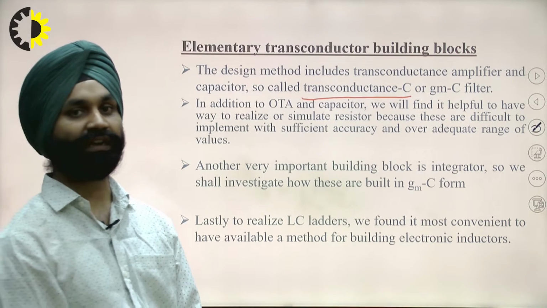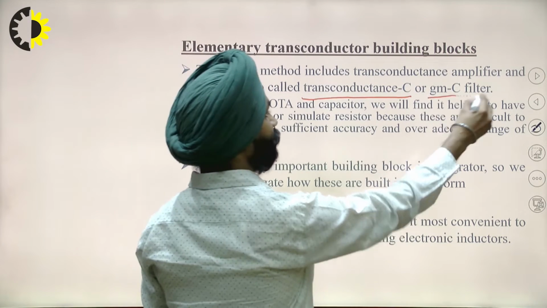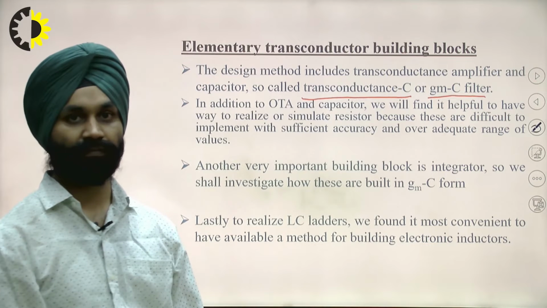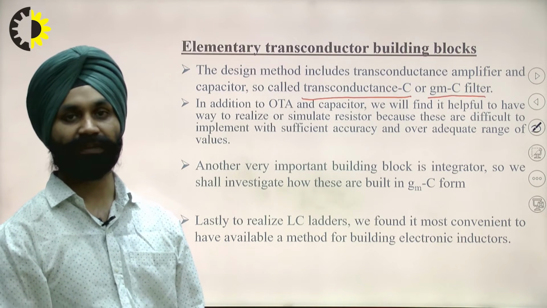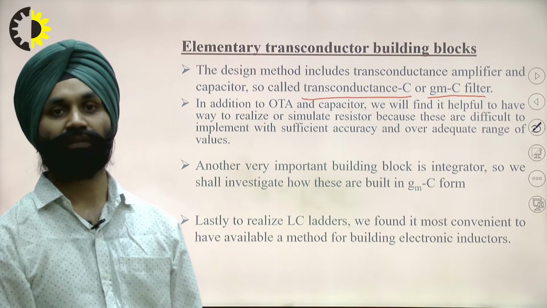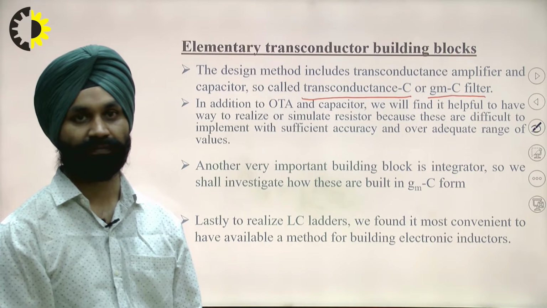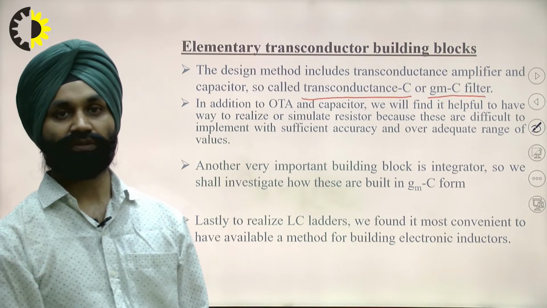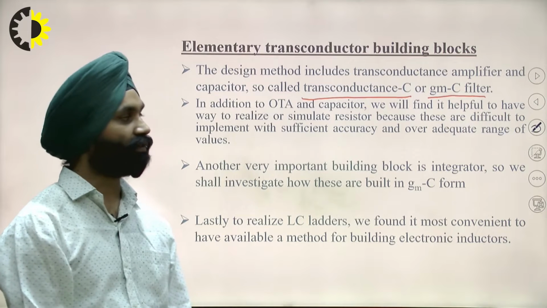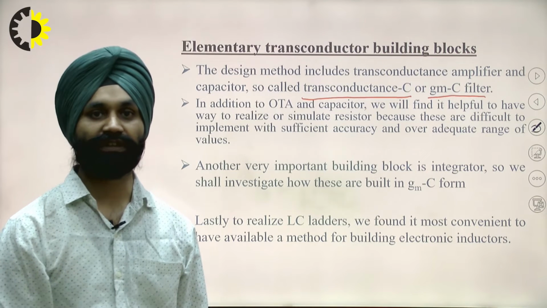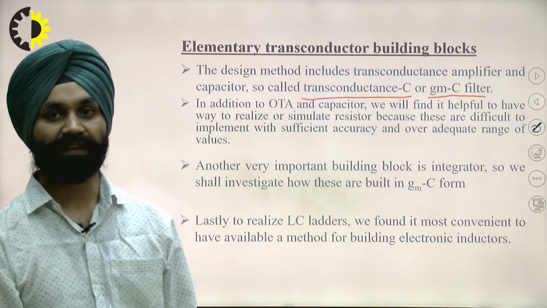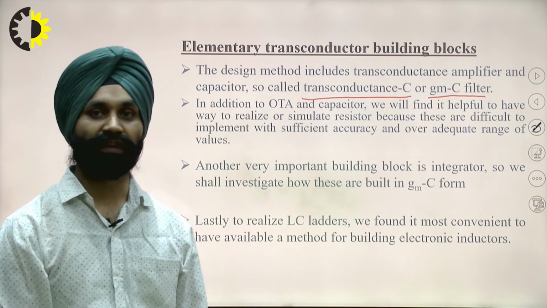That's why they are called GMC filters, because we are using OTAs, that is operational transconductance amplifiers, with capacitors. Now, in addition to this OTA and capacitor, we can have different resistors which can simulate the different range of values.